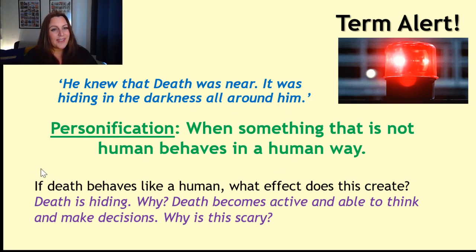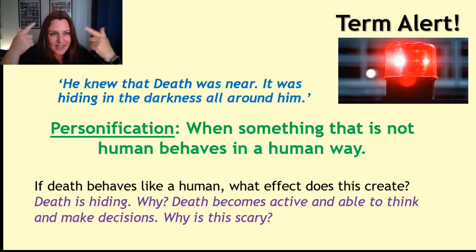So death has been given personification, given the idea of being human, and the image in our mind, what we can picture in our mind is that death is a sort of black figure that is hiding in the darkness behind the furniture, waiting to come out.